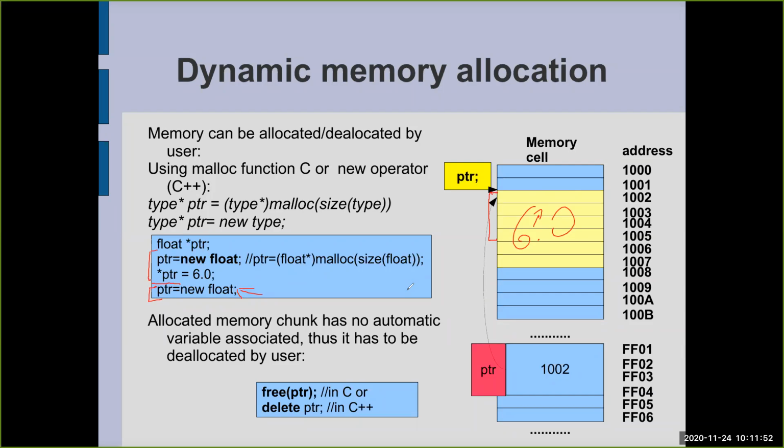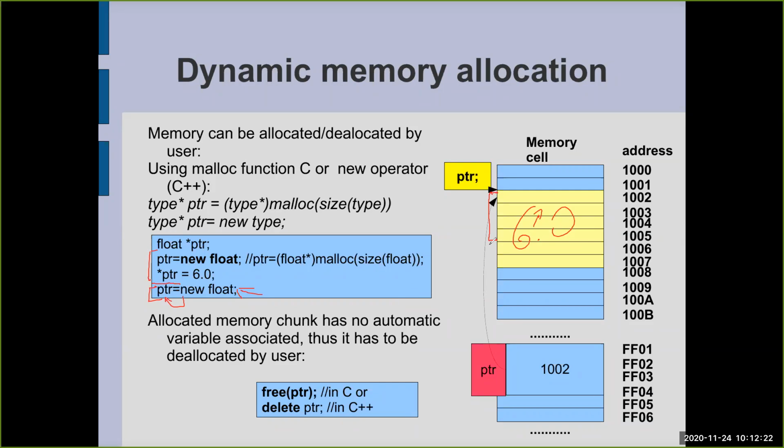So I call new float. So what will happen if I call a new float again and I assign its value to the PTR variable? Okay, this operation is legal, so you can use it.